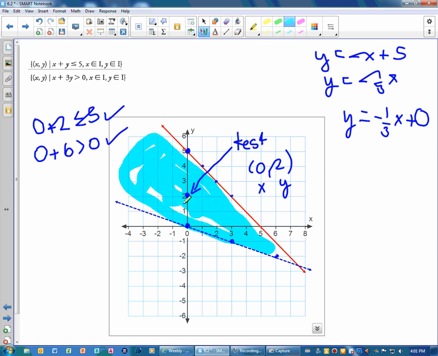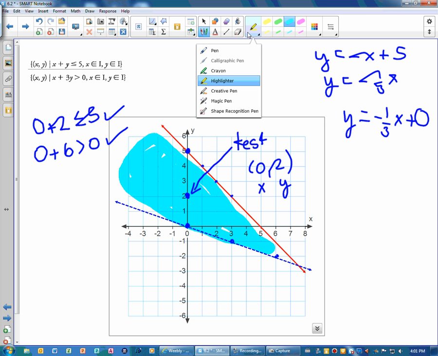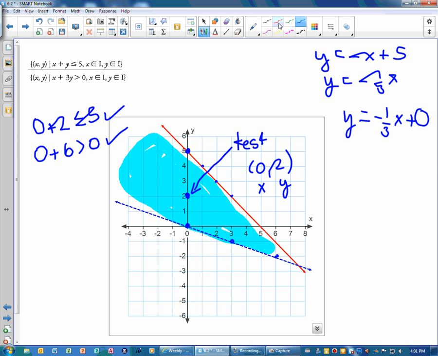So what if I had tested something else? You're probably thinking, well, is the first section you choose always your answer? But it's not, because what if I had tested an ordered pair in another section? So what if I had decided to go, let's test here, and that is 1 and negative 2. So into my first inequality, I have to have x plus y less than or equal to 5.